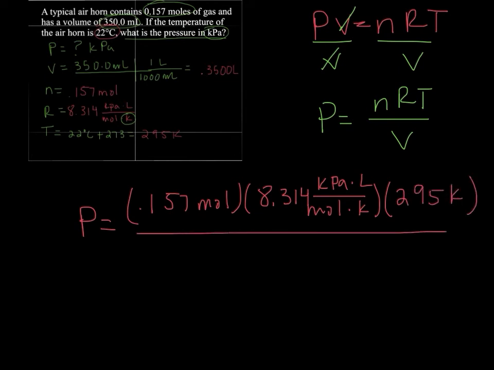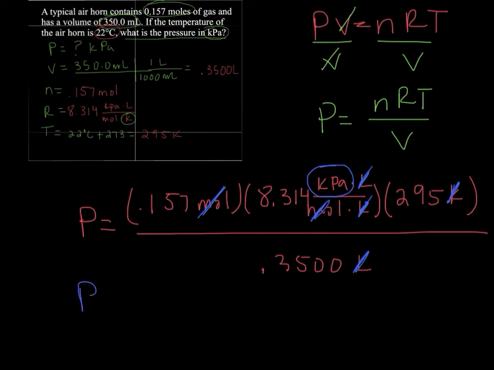I'm going to divide all that by my volume, which is 0.3500 liters. If I look at my units, moles cancels out with moles, Kelvin cancels out with Kelvin, liters cancel out with liters. I'm left with units of kPa. The pressure is equal to 1100 kilopascals.